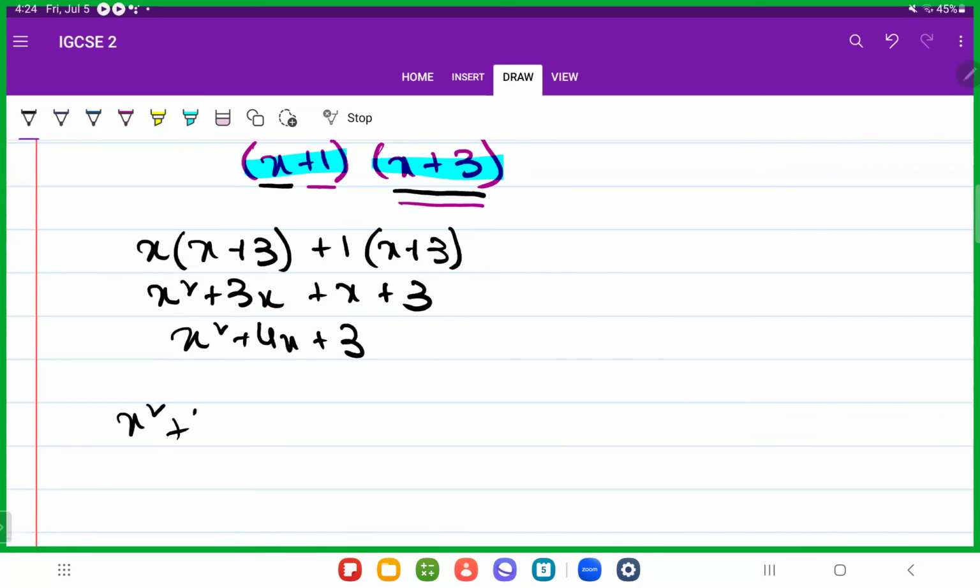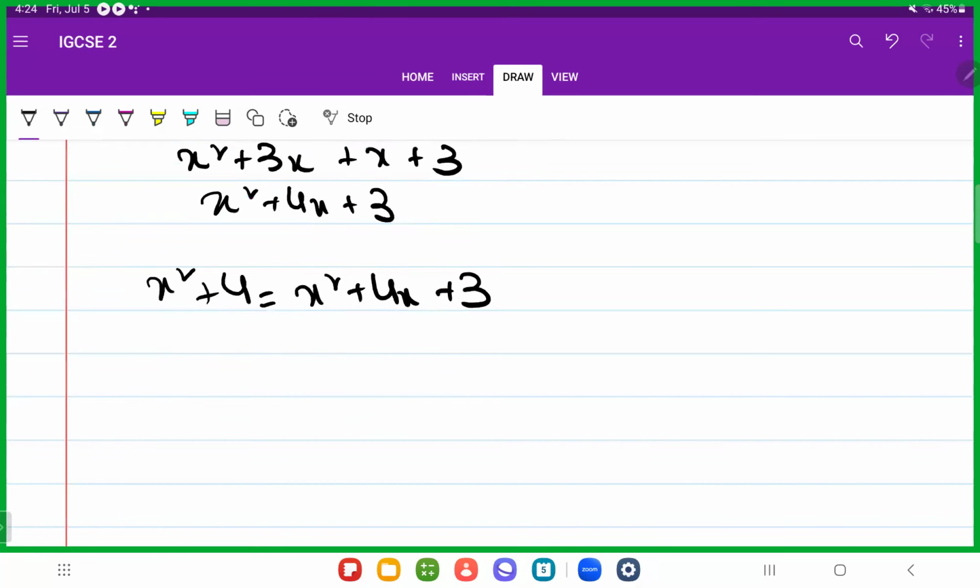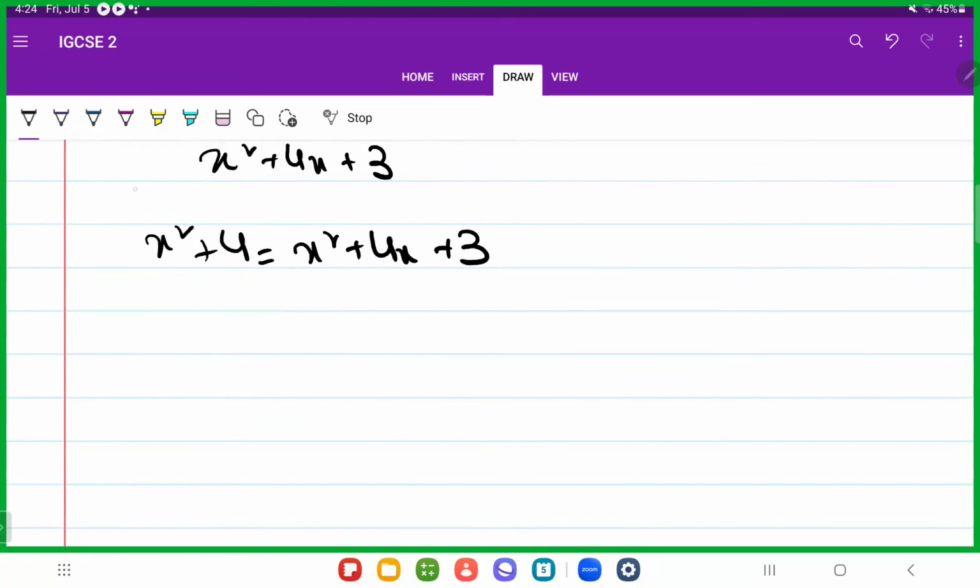Now, like any other equation, you will bring all the terms to the left-hand side, all right? This is my left side, this is my right-hand side, and I will bring all of the terms to the left-hand side: x squared minus x squared minus 4x minus 3 is equal to 0.